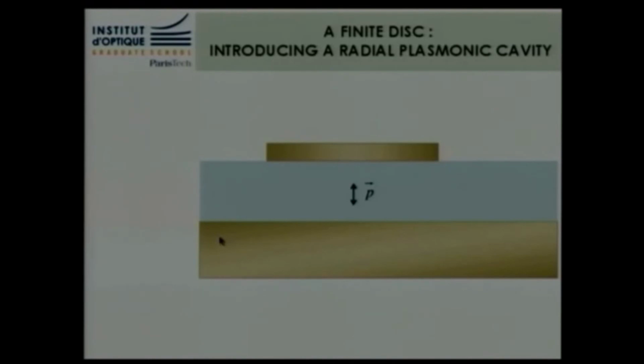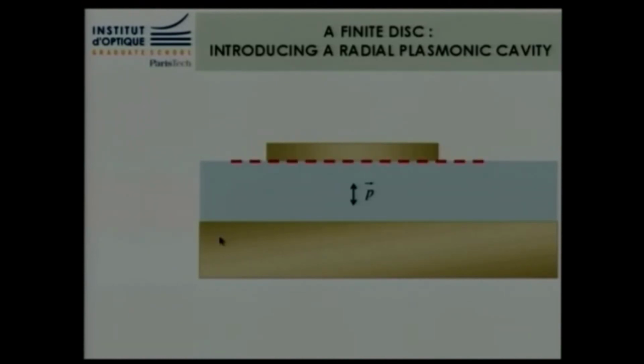So when structuring the metallic layer, using, for instance, the shape of a disk, a plasmonic mode can propagate radially and be reflected by the effective boundaries of the cavity, bouncing over and over. And for some specific diameters of the disk, a standing wave may take place.